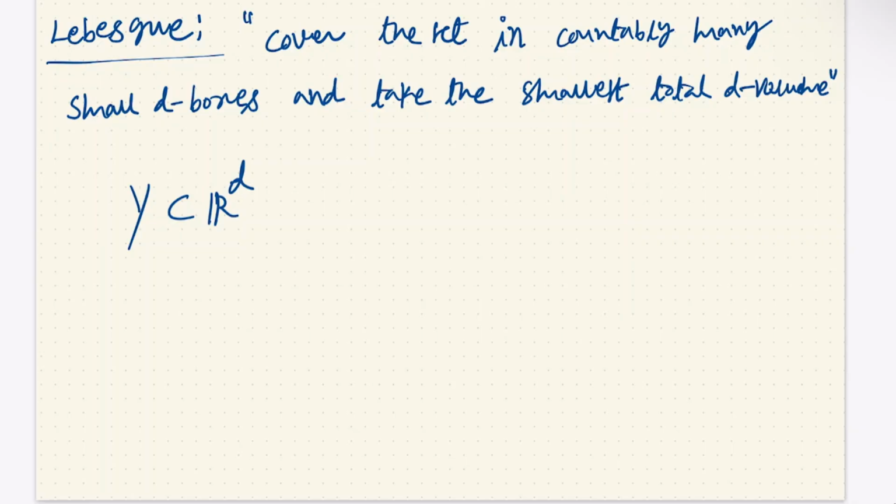Can you think of any set which we cannot express this way, with a cover that has a smallest total volume? What will be the problem with that Y?